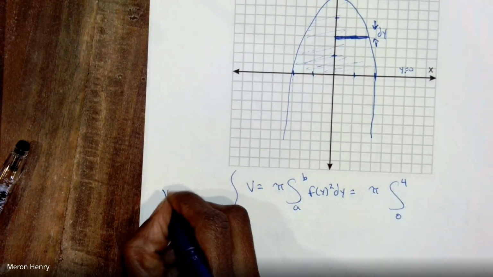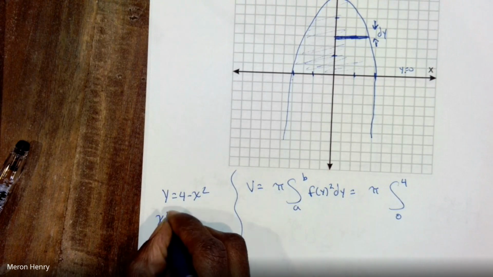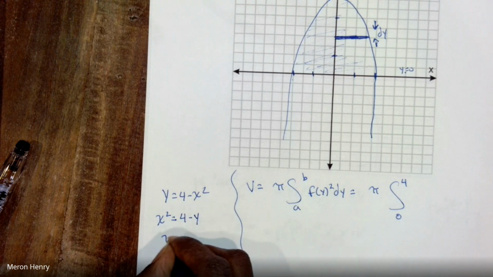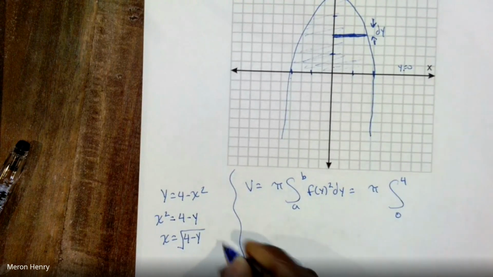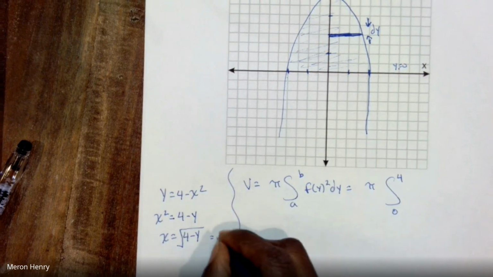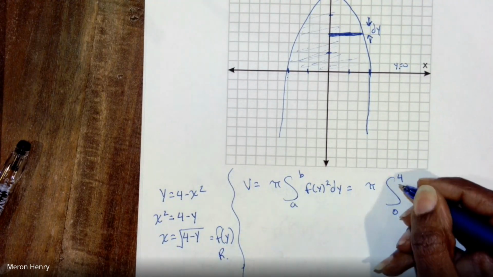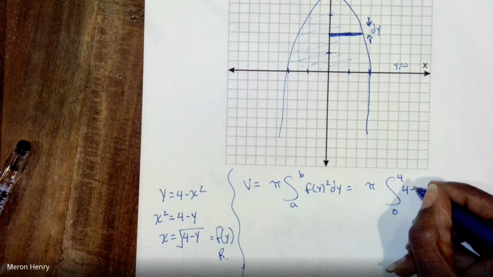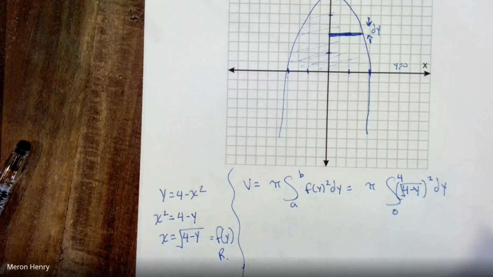So we have here y equals 4 minus x squared. And we know that x squared equals 4 minus y. And x will have to equal the square root of 4 minus y, right? So this is our function, f of y, or our radius, right? So when we plug in, we're going to have the square root of 4 minus y, squared, dy, and this cancels.